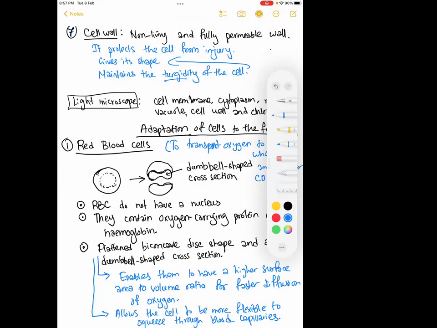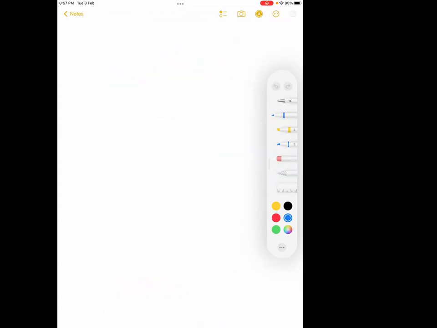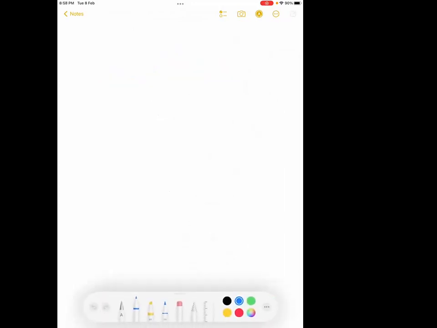Yeah. Okay, great. Now let's move on to another type of cell. These are found in plants. These are called xylem vessels. Now, what are these xylem vessels? They are basically in the stem of our plant.